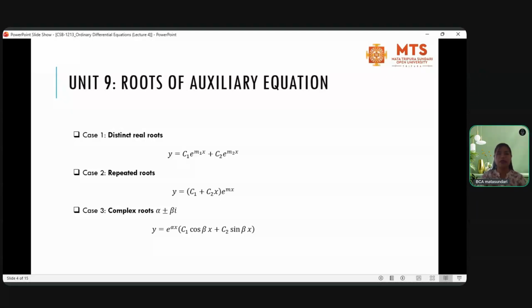Case 3, complex roots, alpha plus or minus beta i: y equals e^(alpha x) (c1 cos beta x plus c2 sin beta x). This is the form of the solution for complex roots.